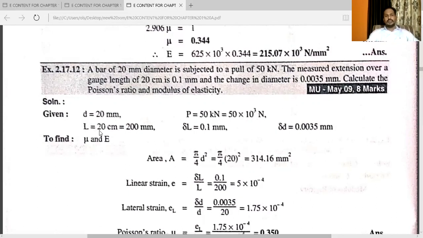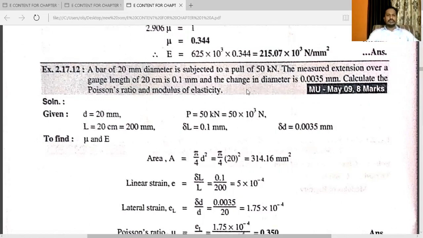So the length is given in centimeter, 20 centimeter is equal to 200 mm. You have to convert into mm. Delta L, that is change in length, is 0.1 mm. Delta D, that is change in diameter, is also given, that is 0.0035 mm.